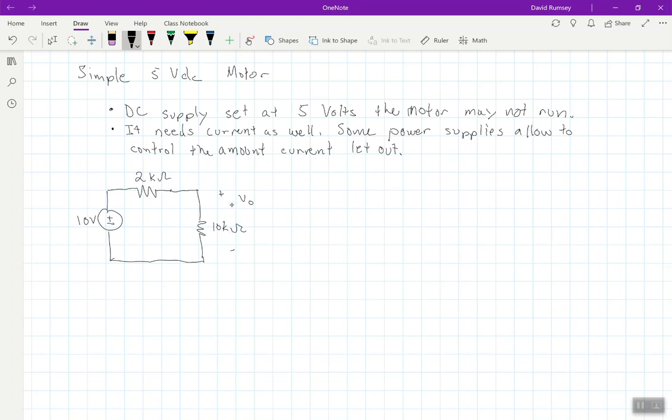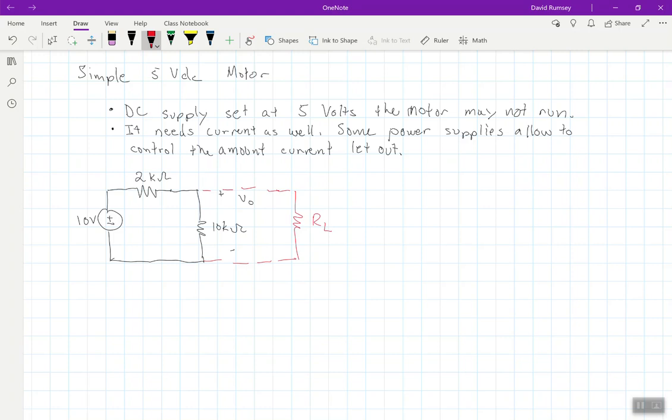So this is what I'll connect up here, and what I'm going to be connecting up, I'll put it in red with dots here, is a load. This load is just a resistor, but you can use these to model a lot of things. You can think of a motor as just a resistor. In fact, you can think of a speaker as just a resistor as well, as ways to model them.